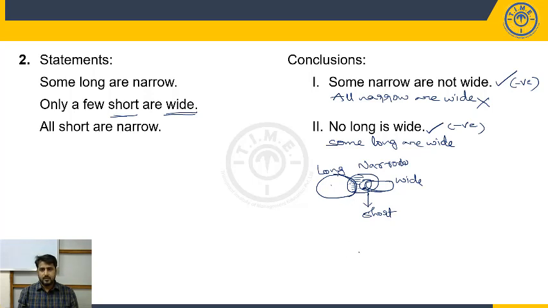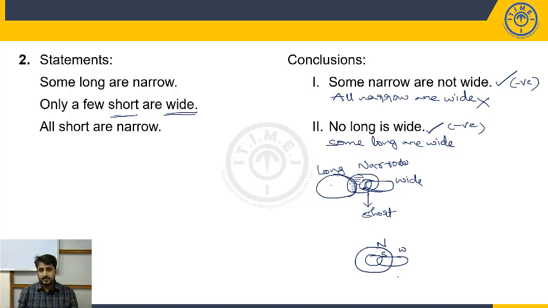Let's check it. We should not violate the statements. All short are narrow, and only a few short are wide, and we should not violate that. We are trying to prove some long are wide, and simultaneously we know some long are narrow.